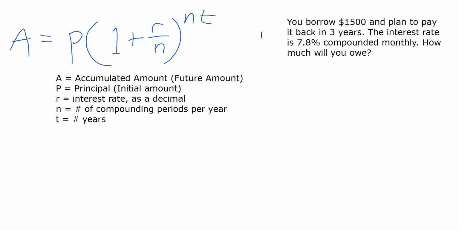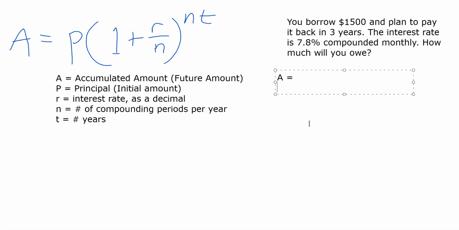So what we're going to do is this is clearly going to be governed by this formula. It's compounded monthly, so we know it's compound interest. Compounded monthly just means that N is going to be 12 because there's 12 months in a year. Thus, there's 12 compounding periods per year.